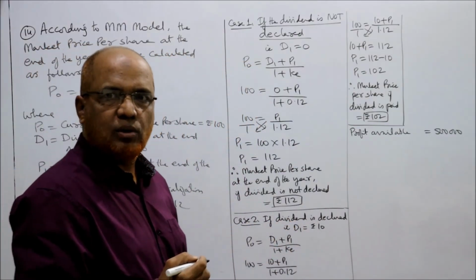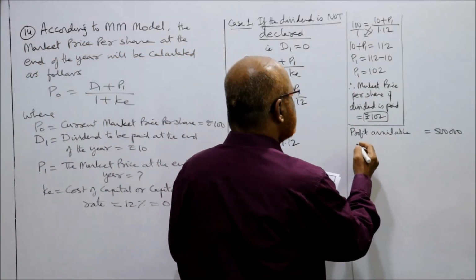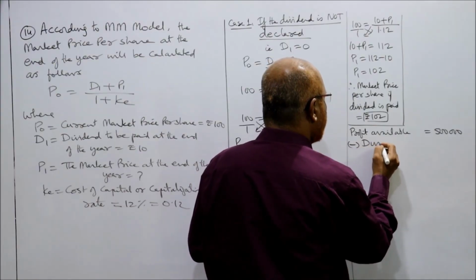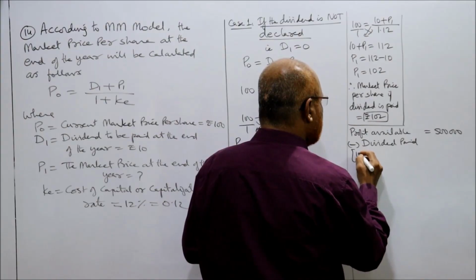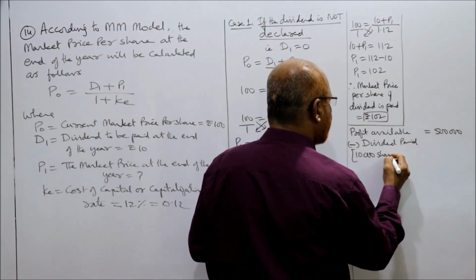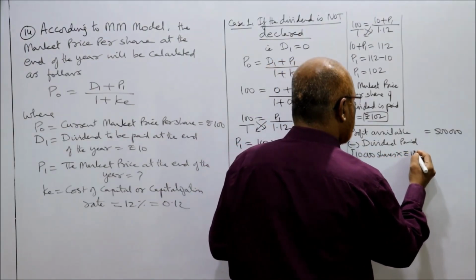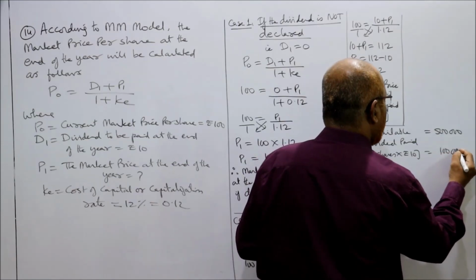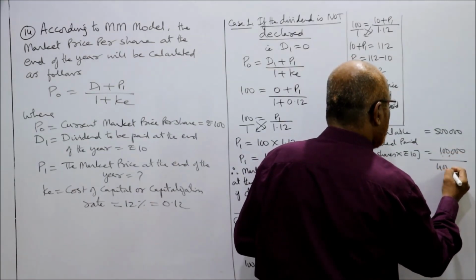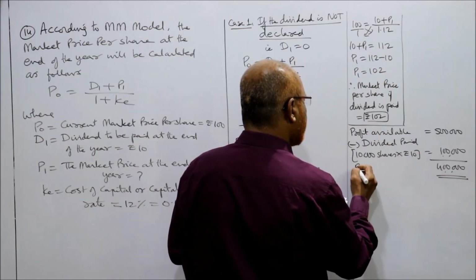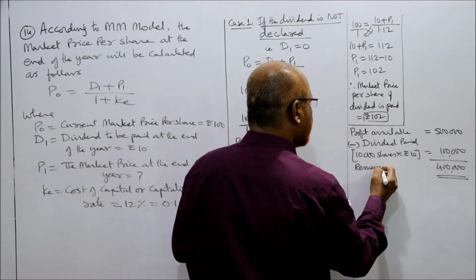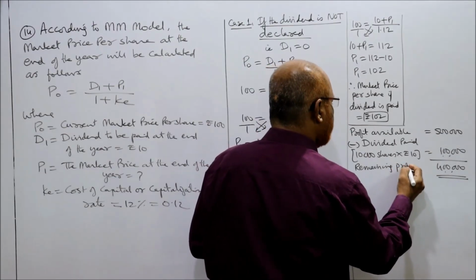Profit available is equal to 5 lakh less dividend paid. So totally 10,000 shares into rupees 10 is equal to 1 lakh. Remaining amount is 4 lakh. Remaining profit.